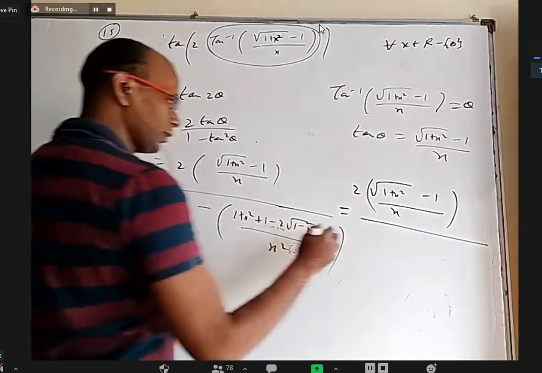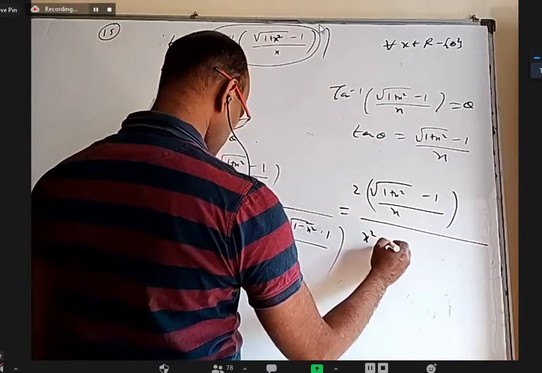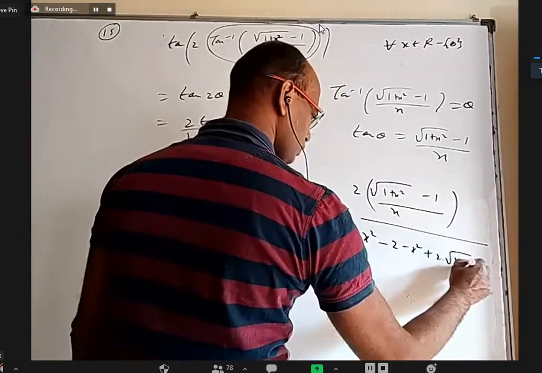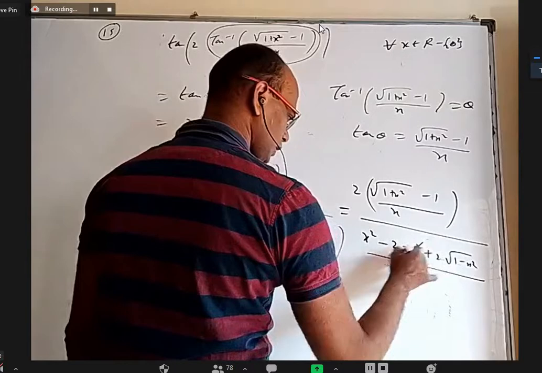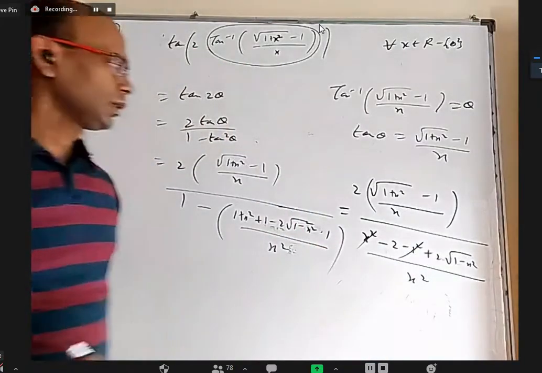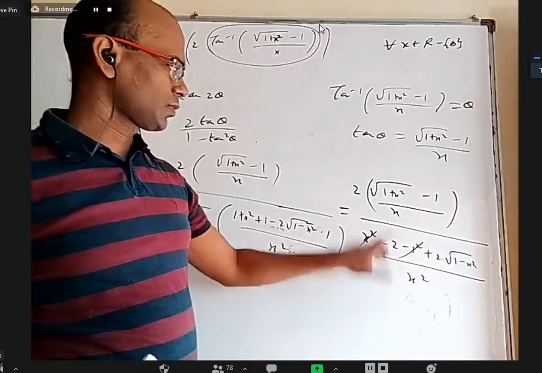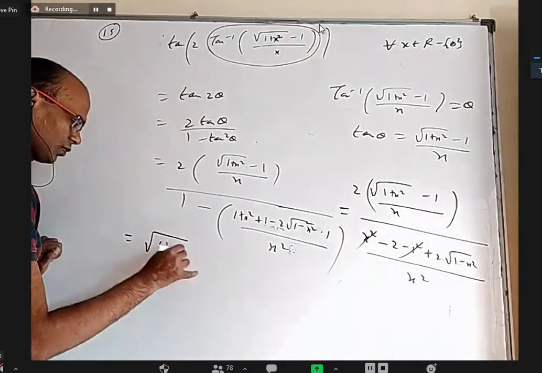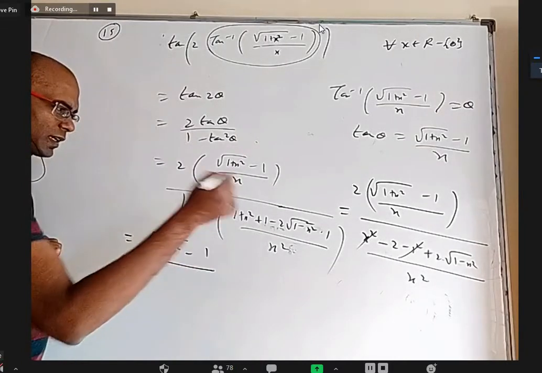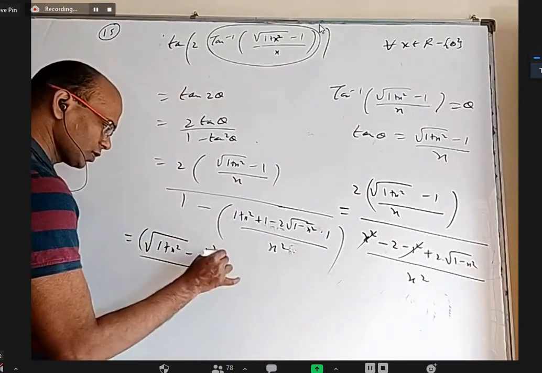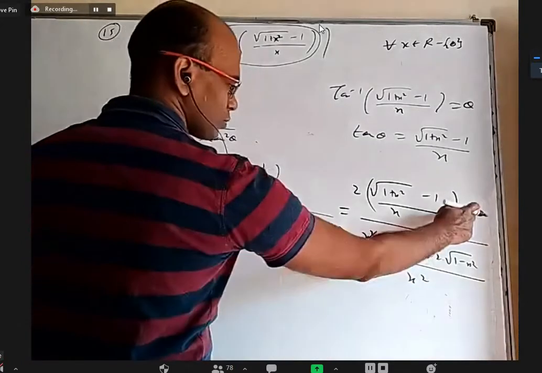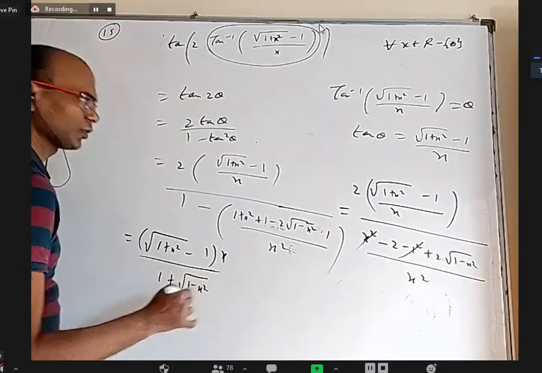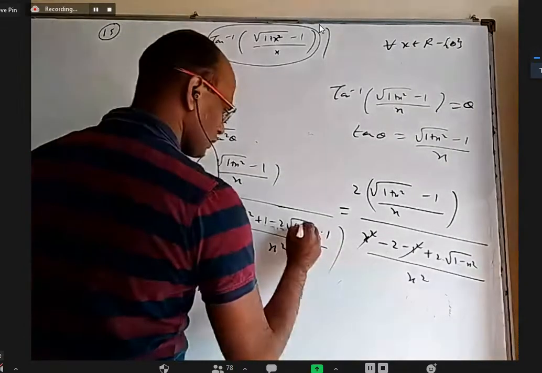X square will come here. X square minus 2 minus x square plus 2 root 1 minus x square by x square. X square will cancel. I can take 2 common and cancel. This one x also will cancel. Finally, I got root 1 plus x square minus 1 by this x went up. So into 1x, this x square goes up. 2 got cancelled. 1 plus root 1 minus x square. This is 1 plus x square.